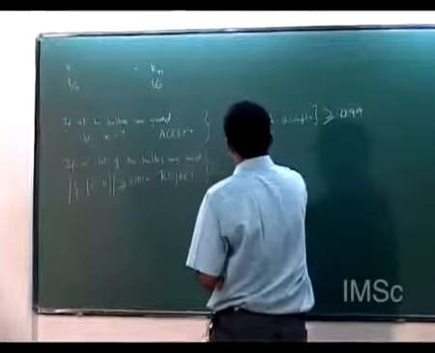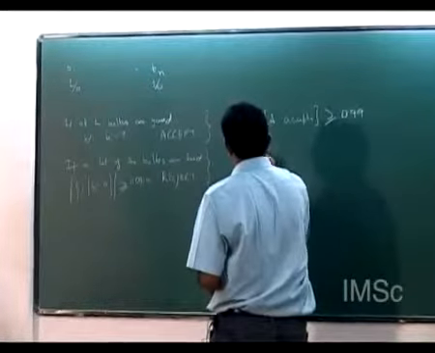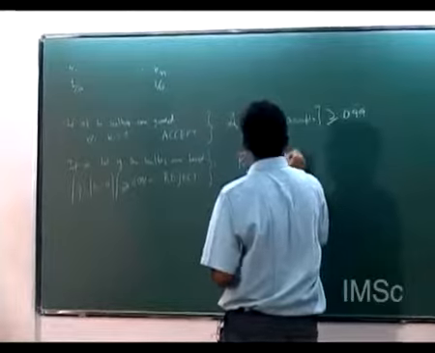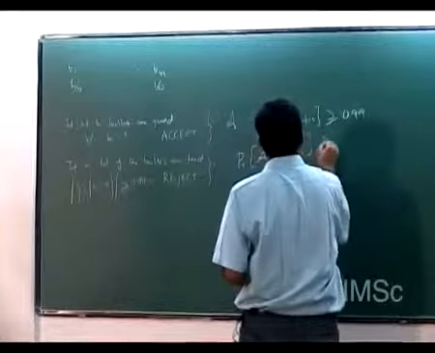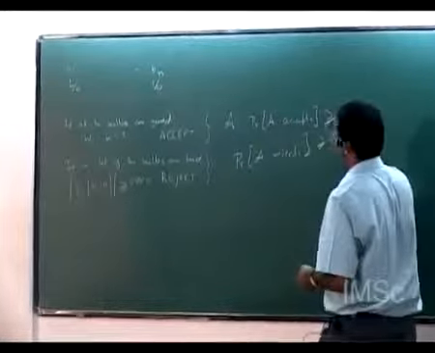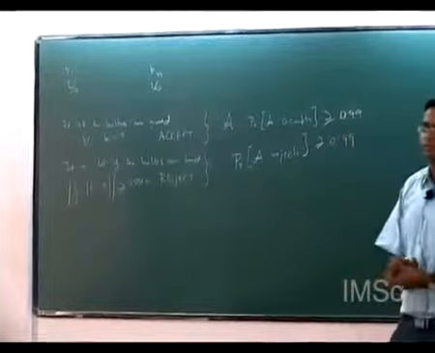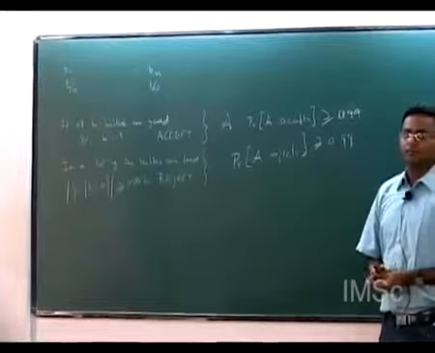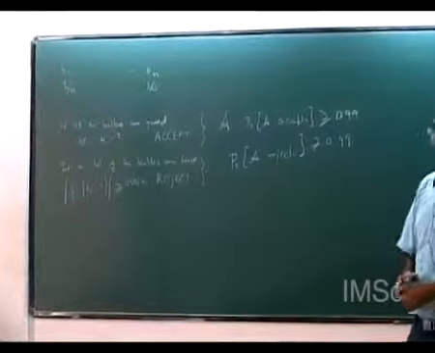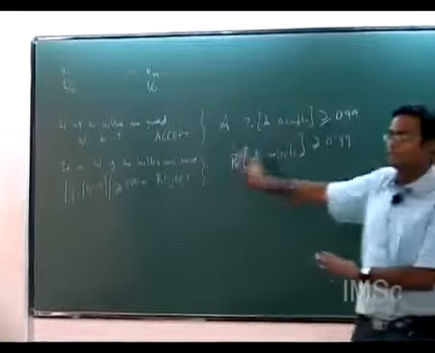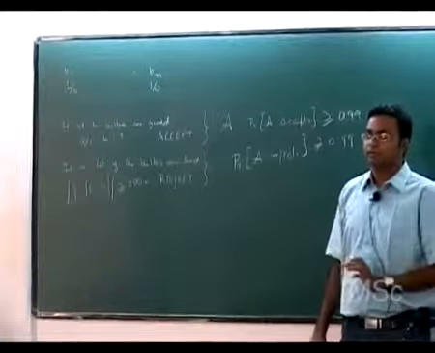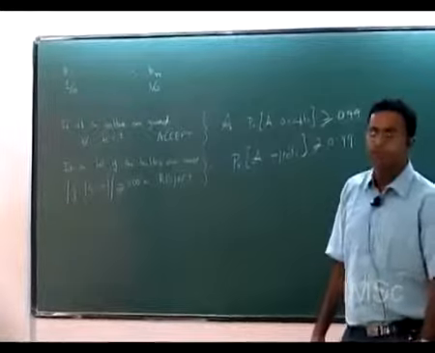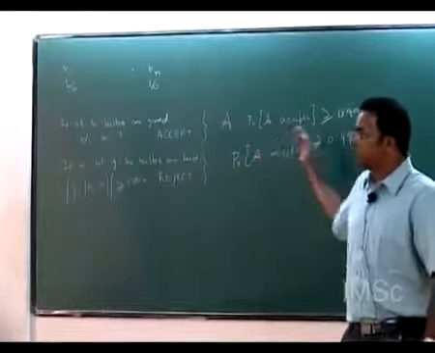And in this case, the probability that A rejects is also 0.99. So is this problem clear? So now can someone give me a solution to this problem?